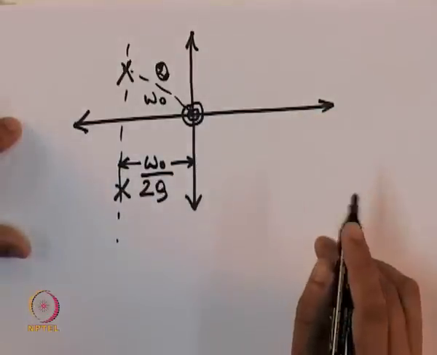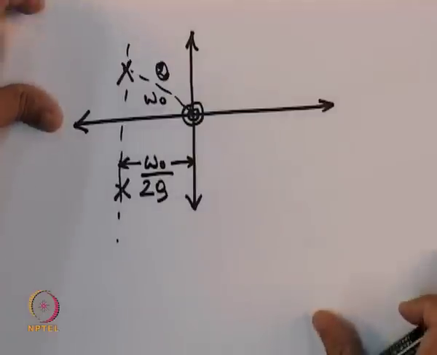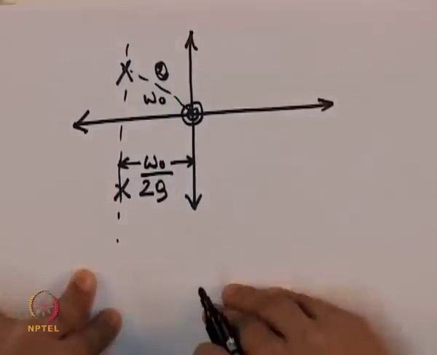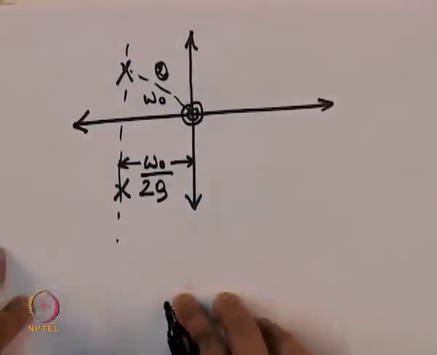Okay. And finally, for the band pass prototype, now the reason I am elaborating on these transfer functions is that we will see certain similarities in the transfer functions eventually.